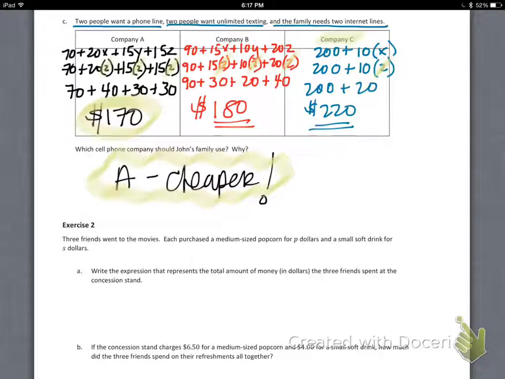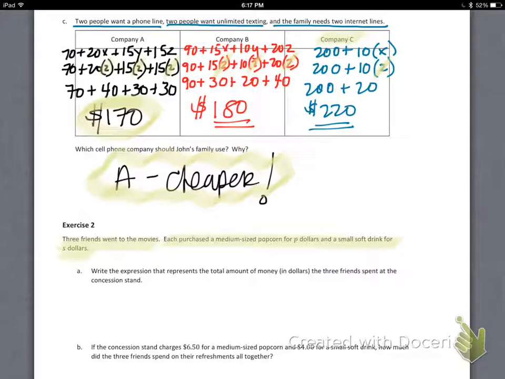Okay, so here in exercise 2, you guys are going to get a little practice with actually devising, or coming up with, an expression to represent a situation. Here is the overall situation: 3 friends went to the movies. Each purchased a medium-sized popcorn for P dollars and a small soft drink for S dollars.